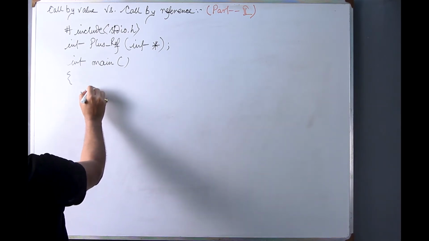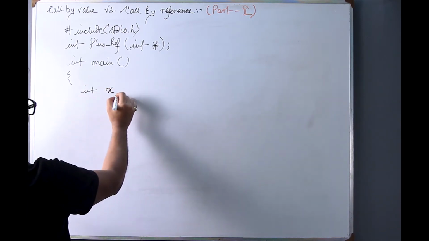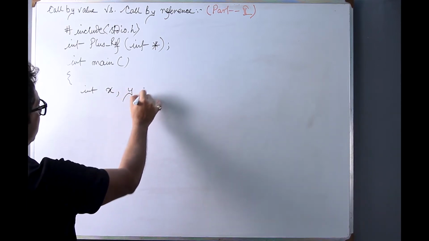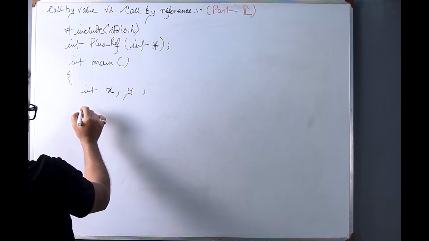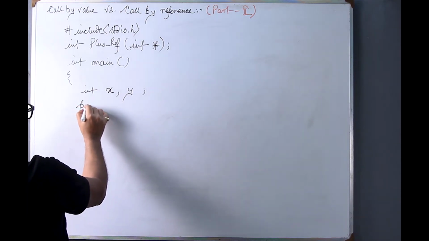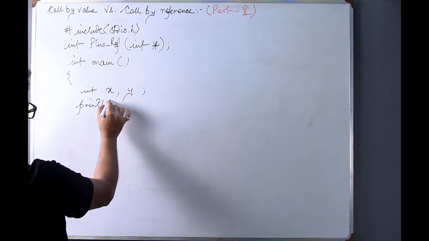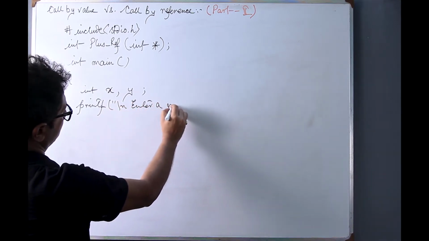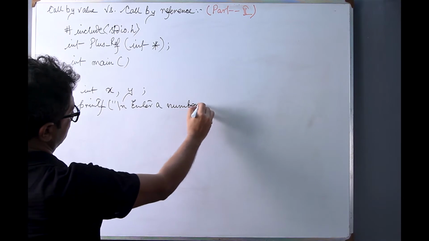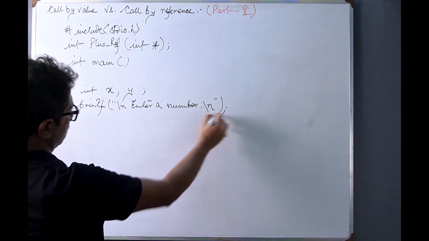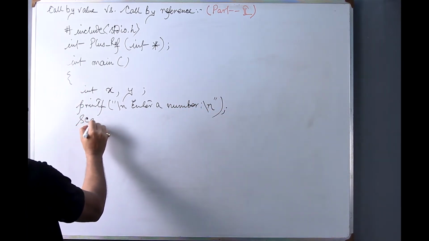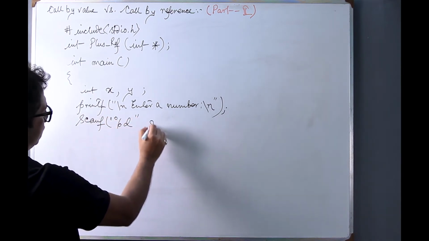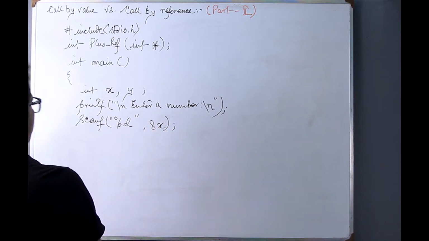We had taken a variable called x in the previous program. Another variable was taken to be y, and the user gives the value of x. printf, enter a number, scanf, %d, &x.